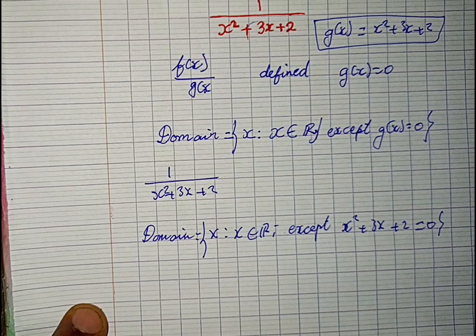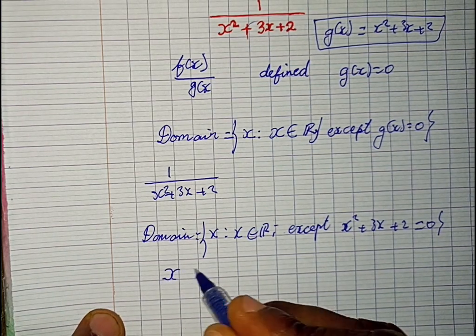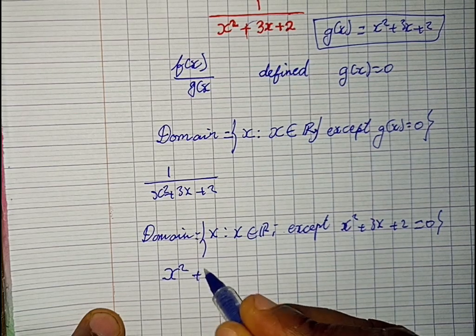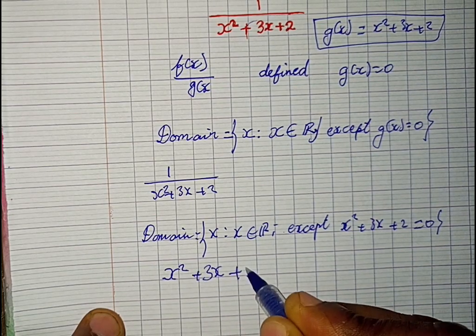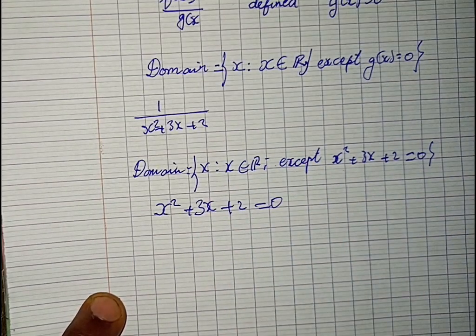Then we are going to solve the equation x squared plus 3x plus 2 equals 0. To solve this, we need to factorize it, and we have learned factorization a few days ago.